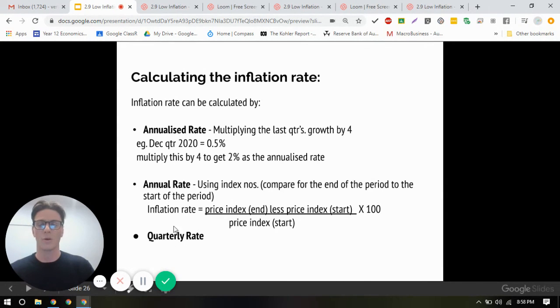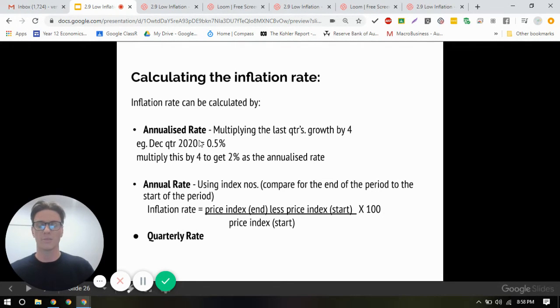So if we get a quarterly rate up until, let's say right now we're in March, an economist might want to think, well, what would be the annualized inflation rate over the next year? The way we calculate that is we just times it by 4 because there's 4 quarters. Another example, if inflation was 0.5% in the December quarter and we wanted to annualize that, we just times it by 4, and the annualized rate would be 2%.